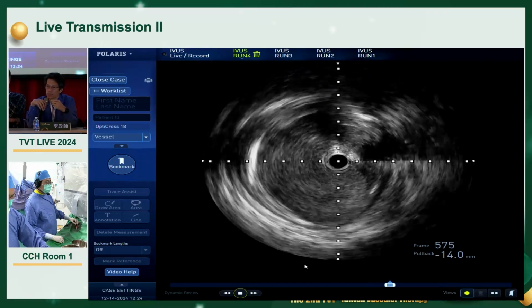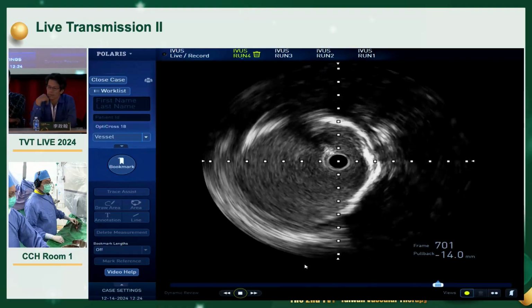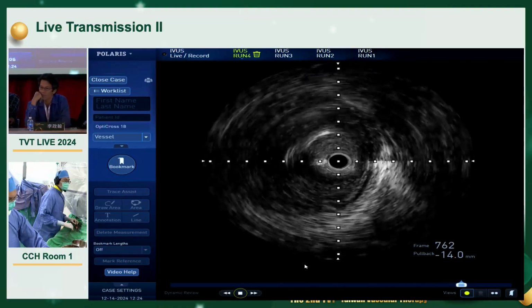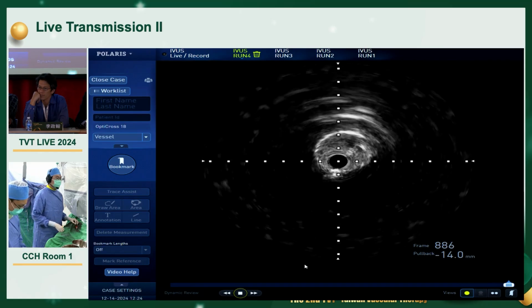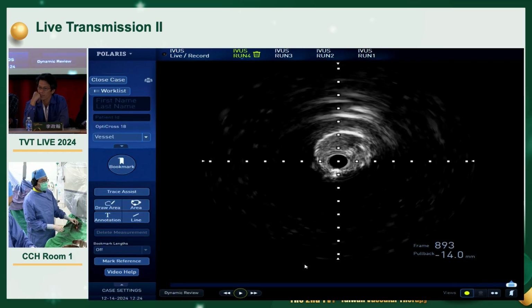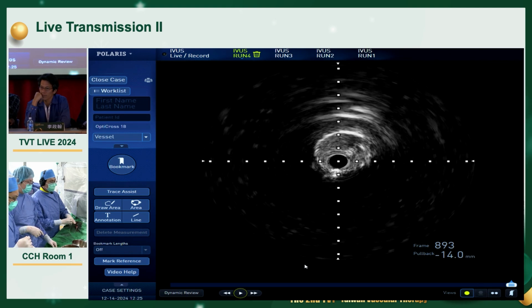This is the true lumen, the previous true lumen. Yeah. We used a Gladius soft wire to pass through it very quickly. Now we have created a big false lumen.